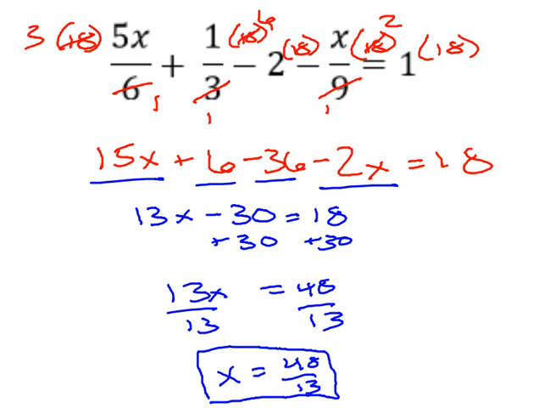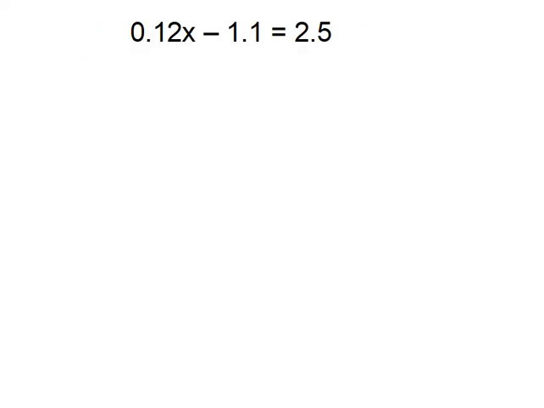All right. You'll also have decimals. Decimals, again, you have two choices. Decimals aren't quite as intimidating to some people, so you can still work with the decimals if you like. So you can just add 1.1 to both sides, divided by 0.12. That works.